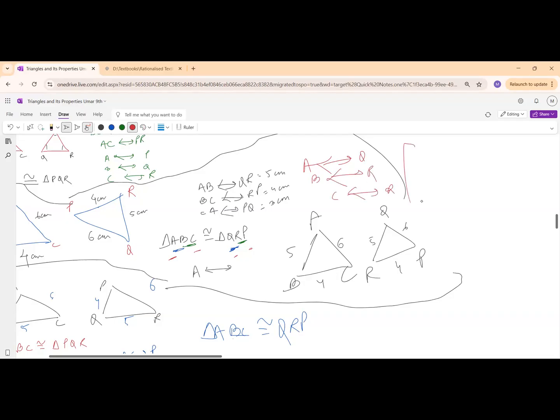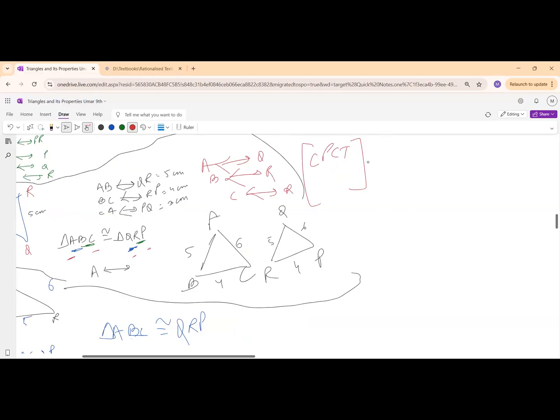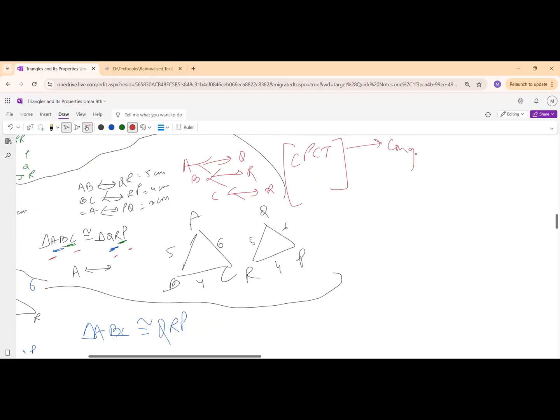And basically the reason we write for this is CPCT. The full form is congruent parts of congruent triangles. A triangle is only congruent when all the 6 elements are equal, like all the 3 sides are equal, Umar, and all the 3 angles are also equal.